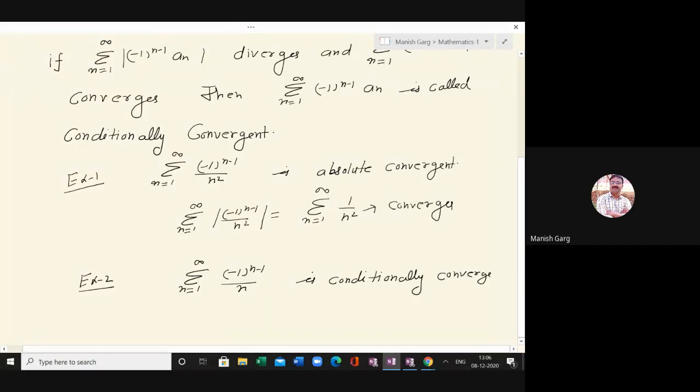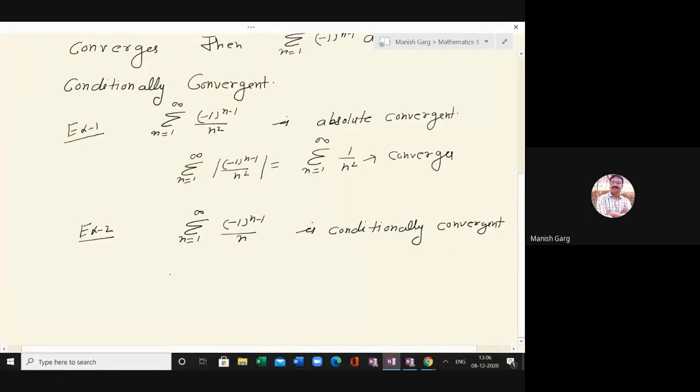I proved that if you take the mod, the series of 1 by n diverges.